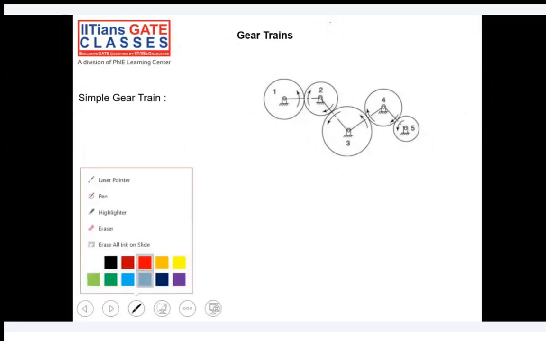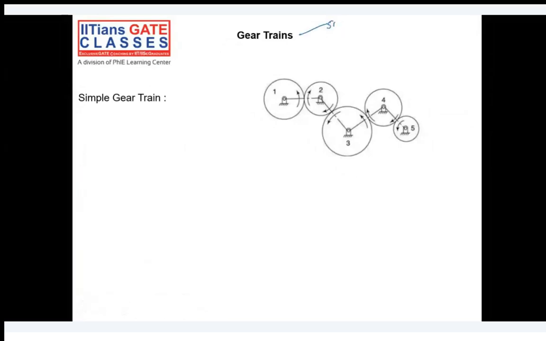Simple, compound, then reverted, and the next one is planetary. And you can call it epicyclic also.